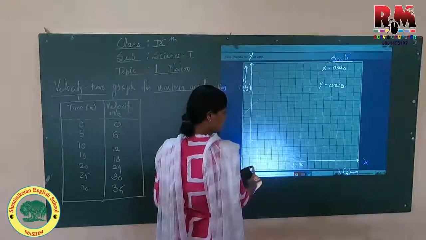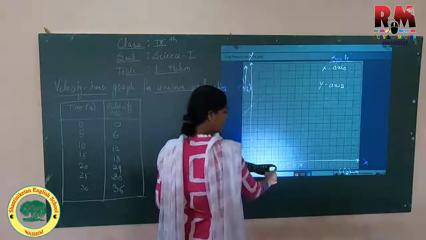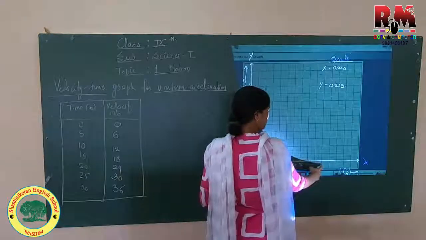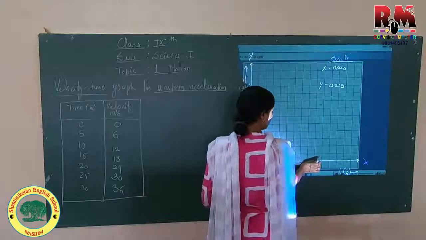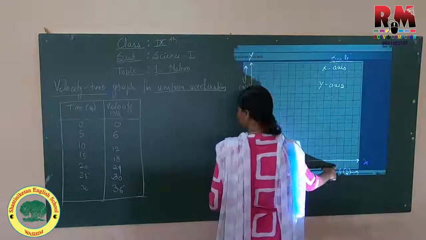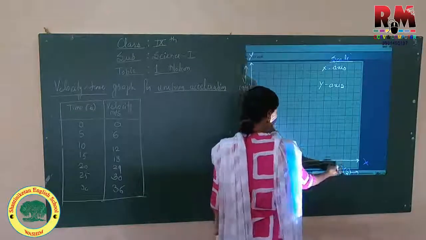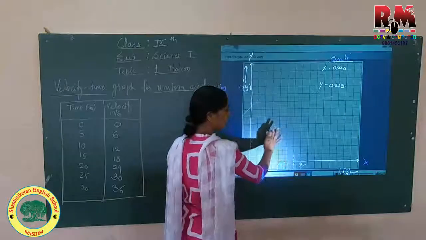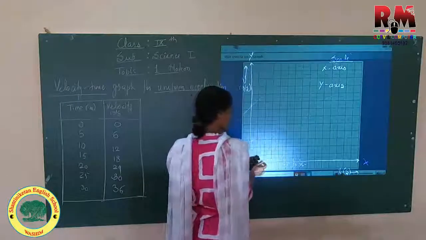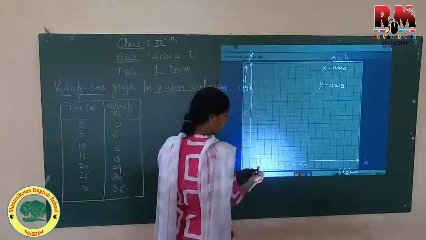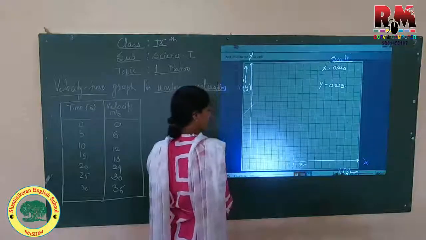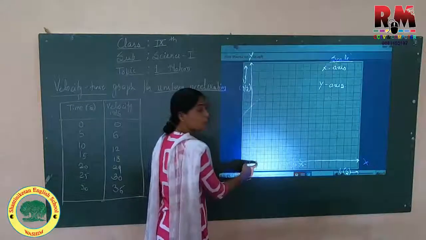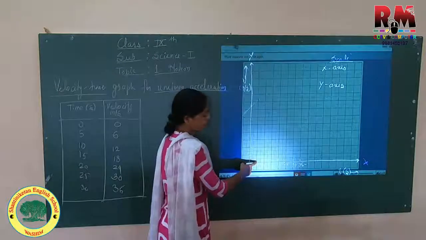So if we take 2, 2, it will come 5, 10, 15, 20, 25, 30. 30 is the last value. So you may take it here also. That's why the diagram will look very good, or I can say it will not be very complicated while writing numbers here. Okay. Make sure that you are writing the number just below this line.